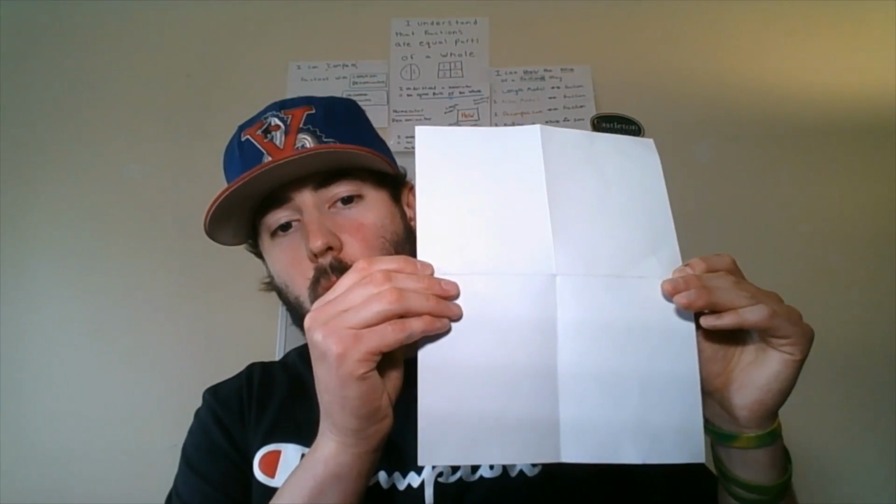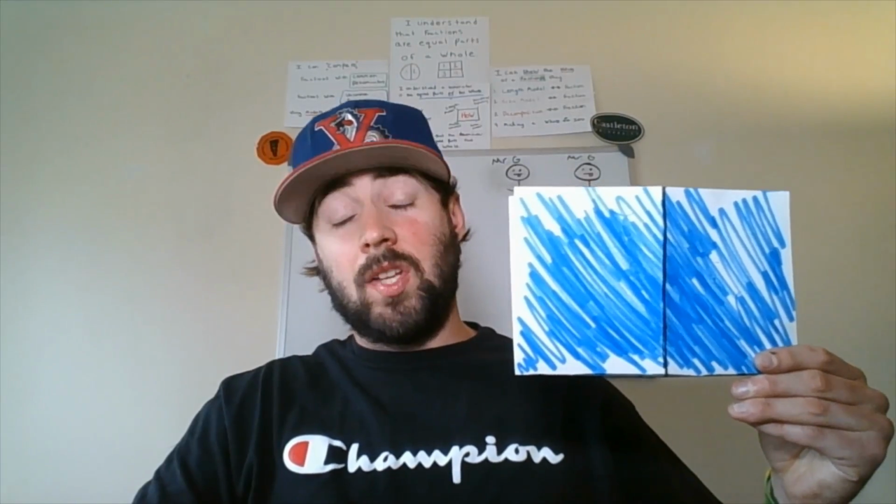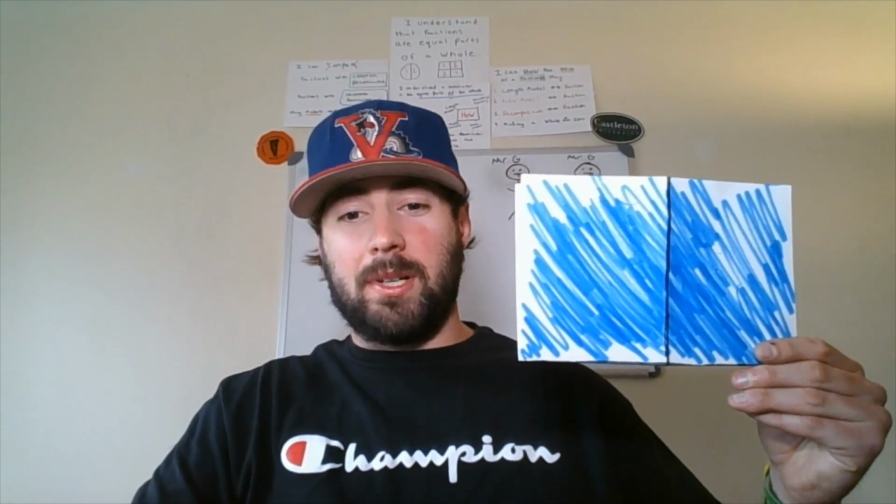When I do that, the parts that made the whole remain the same. This is still a whole piece of paper, but we're only trying to find the equivalence of that 1/2. When I did that, take a look at what happened to the whole. I took the half, the 1 part of 2 parts to make the whole, and look what happened.